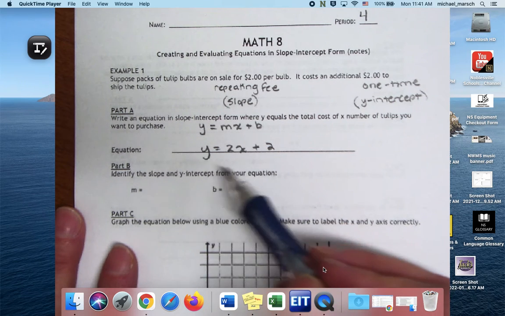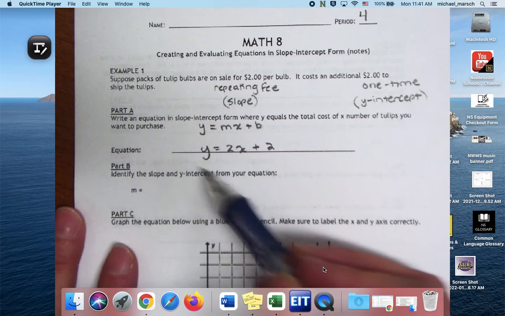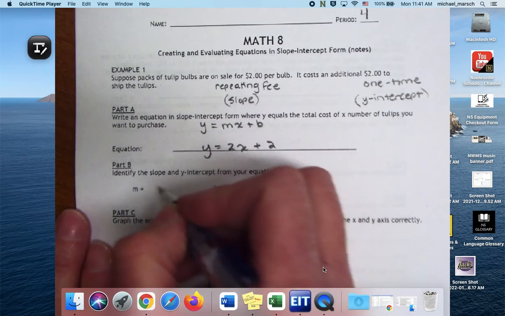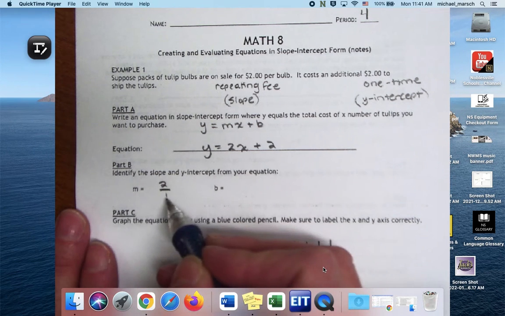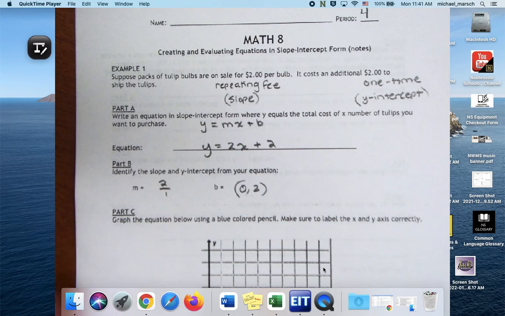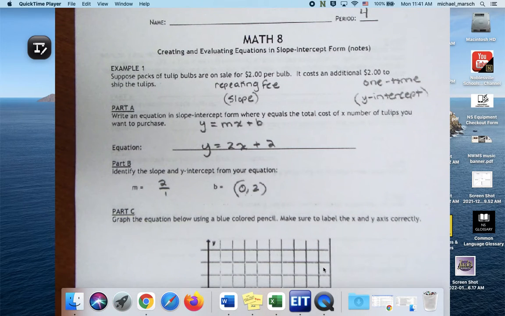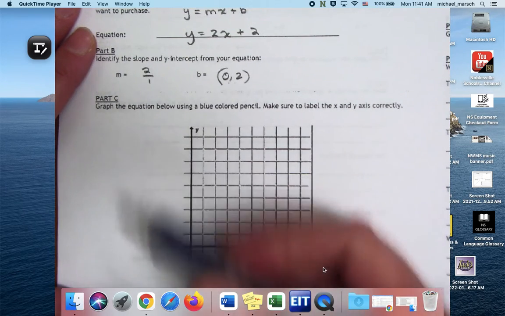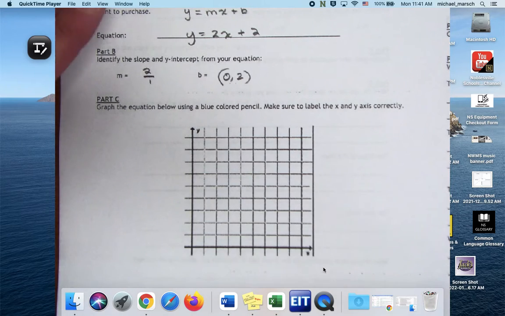Remember, this is an ordered pair on the line, so you have to have the x and y to make an ordered pair. So I'm going to write my slope as an improper fraction so I don't forget the run part, and my y-intercept as an ordered pair. And now I'm going to give all of the details about this graph so that I can actually plot the information.